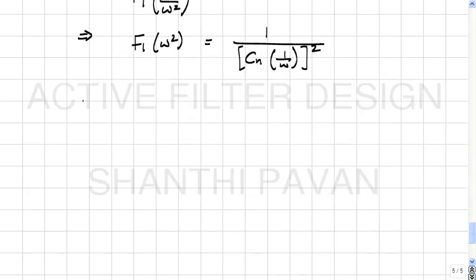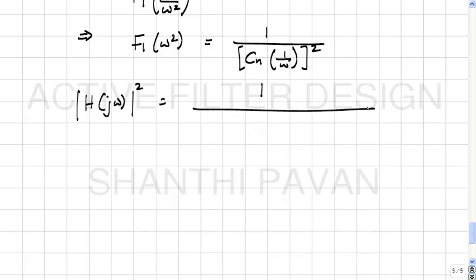Now, therefore, mod h of j omega whole square is 1 by 1 plus 1 by epsilon square times f1 of omega square, which is Cn square of 1 by omega the whole square.